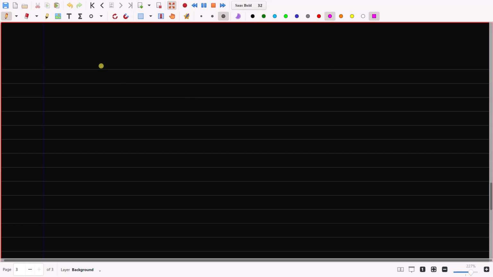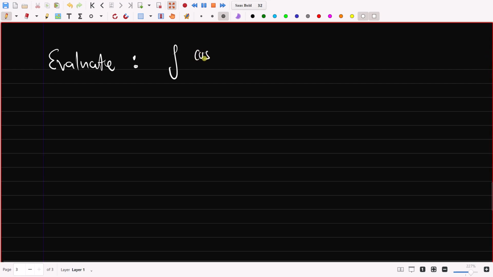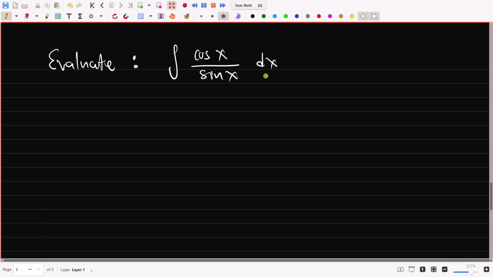Another example that you can try, let's try maybe something like this. They say evaluate the integral of cos x over sin x dx.